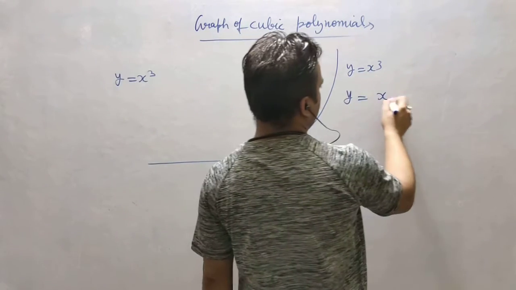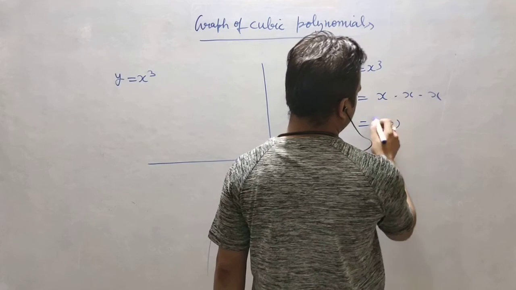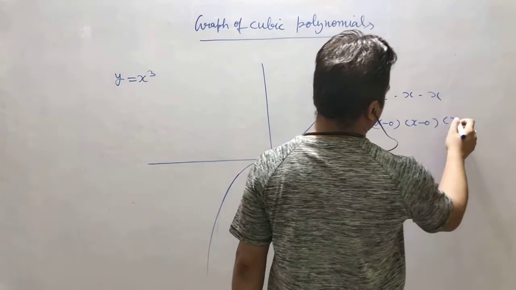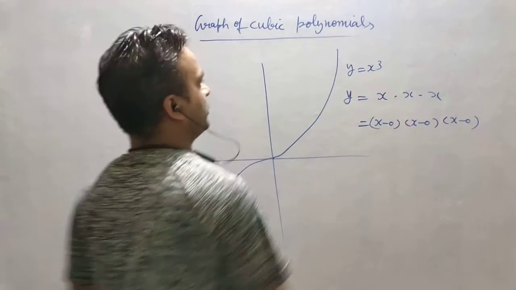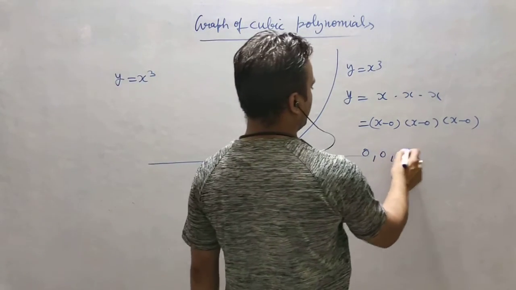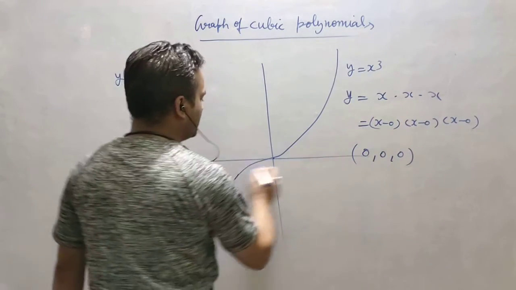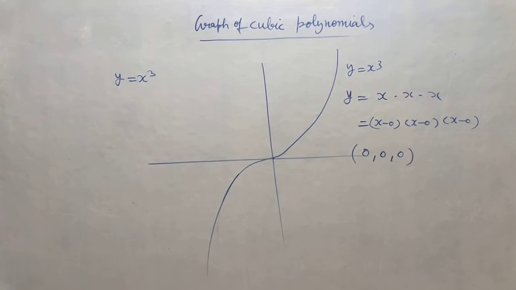So if you see, there are x, x and x, three factors. So what is x? X minus 0, x minus 0 and x minus 0. It means there are three values for x which are 0, 0, 0. It means it is passing through like this. It will cut the x-axis one time only.